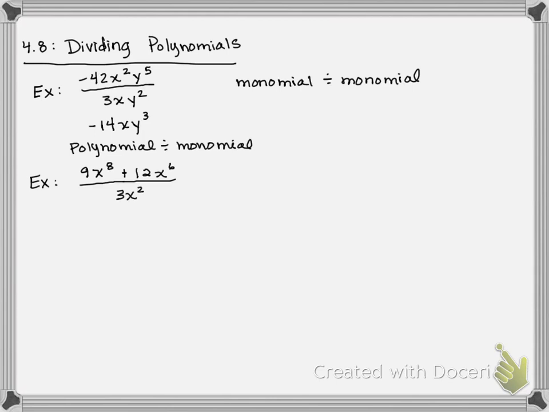Remember from when we were doing graphing and we solved for y, that if we divide both sides by something and there's two terms, we can just divide each term individually by that divisor. So this is the same as 9x to the 8th divided by 3x squared plus 12x to the 6th divided by 3x squared.